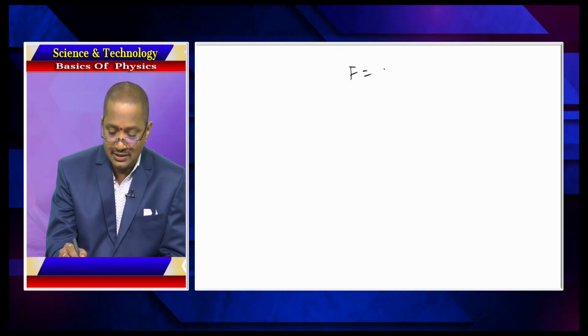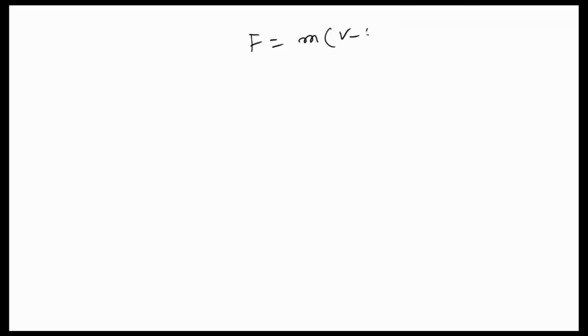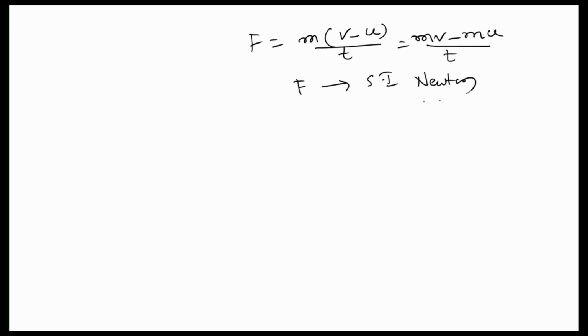Clear? Okay. Now we are going to discuss the force and its applications. As I said, F = m(v - u)/t or (mv - mu)/t. The unit of force in SI is the Newton, and in CGS it is the Dyne.